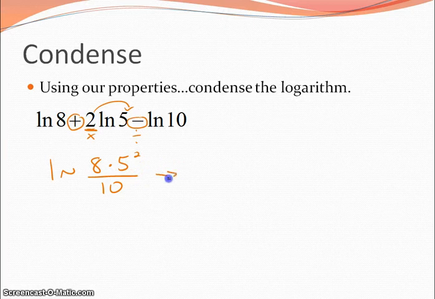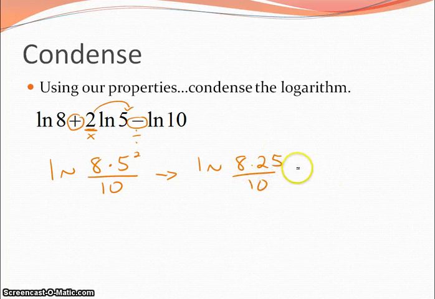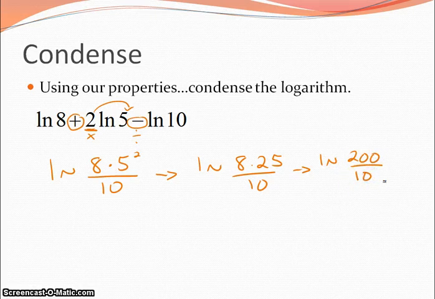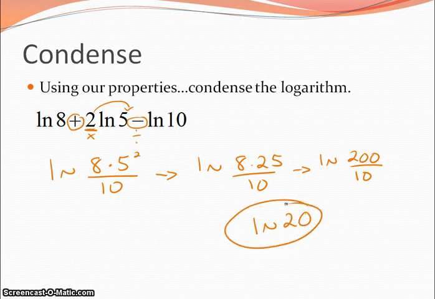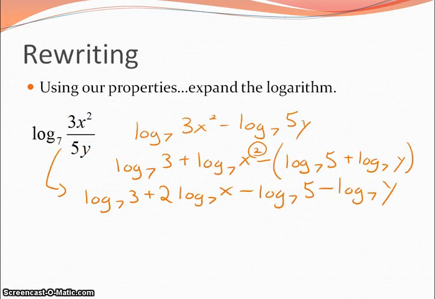I'm going to rewrite that for myself. I've got natural log of 8 times 25 over 10, which simplifies further to natural log of 8 times 25 gets us 200 over 10. And as our final answer, natural log of 20.